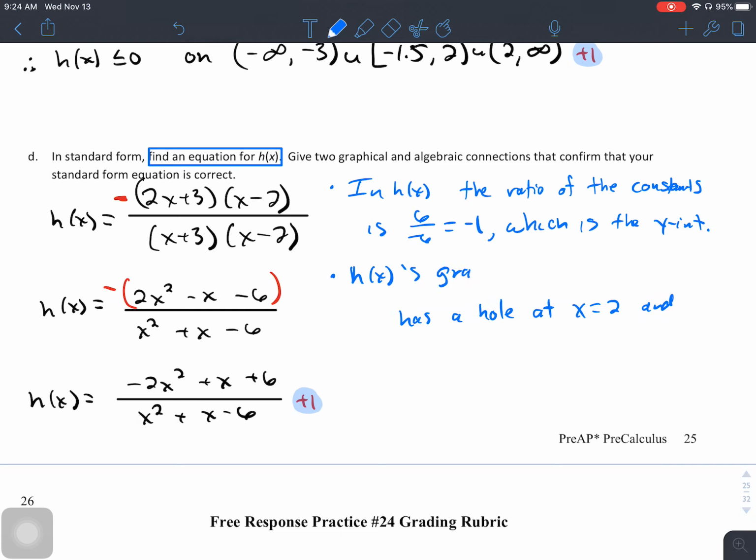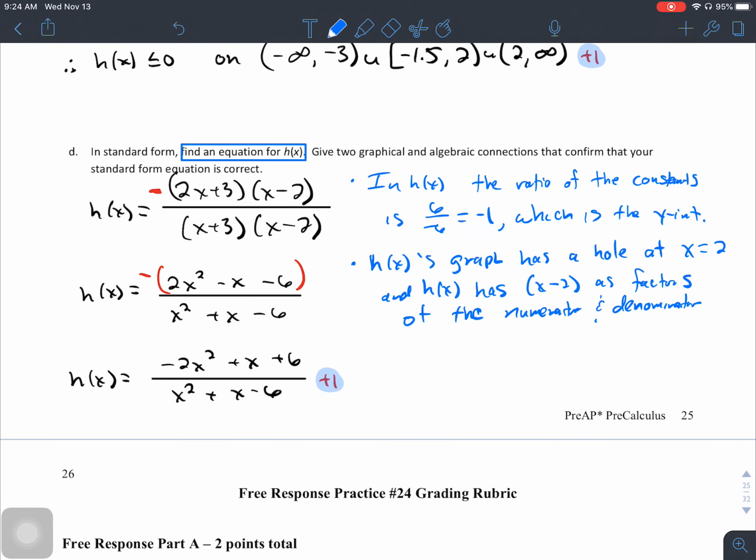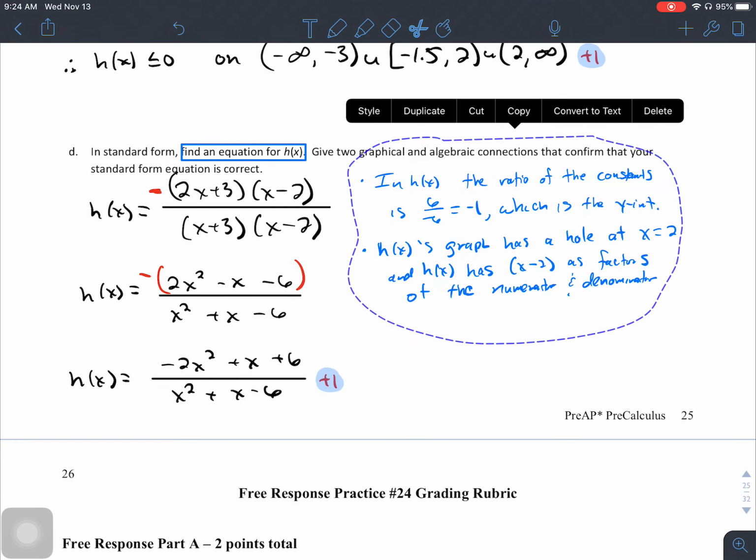The graph of h of x has a hole at x equals 2, and h of x has x minus 2 as factors of the numerator and denominator. There's two reasons. We have to give at least 2. Well, it just says to give 2. I'm going to give you more to show you the options you have.